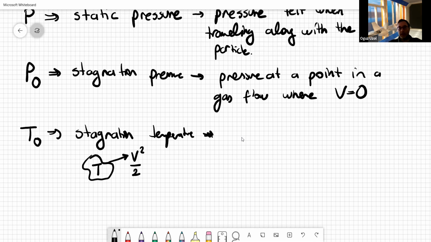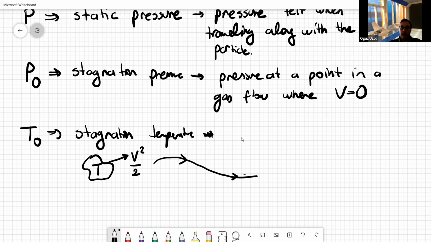So let's say it's moving along this streamline, okay? Now, if you take this fluid particle and force it to go to zero velocity, initially it has a certain internal energy related to T, and it has a certain kinetic energy.